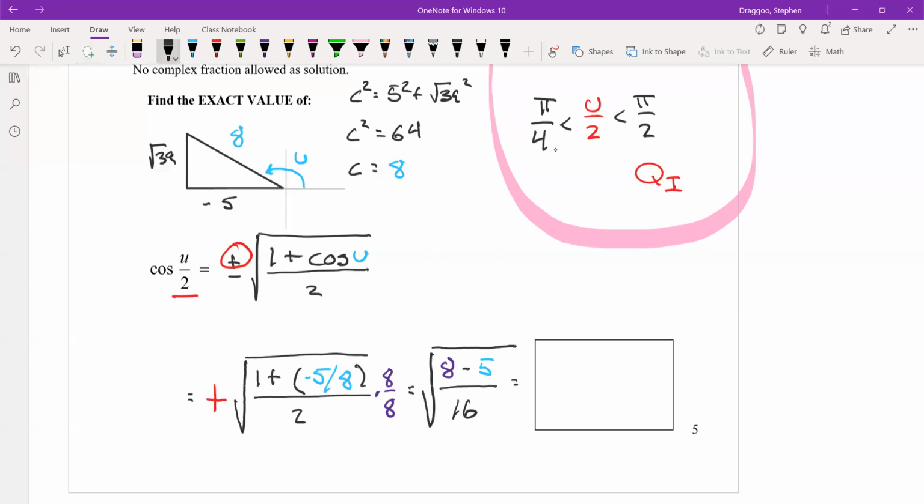And then I can simplify that. 8 minus 5 is 3, and the square root of 16 is 4. So again, this thing is positive because u over 2 was in quadrant 1. Which quadrant would make it negative? Because this is cosine, quadrant 2 or 3 would make it negative. And we'll call that good enough.